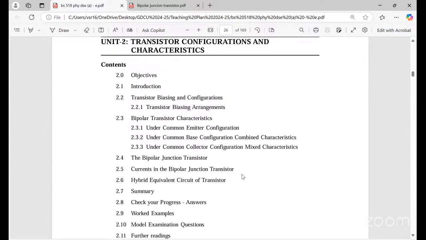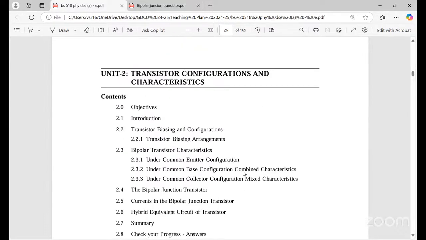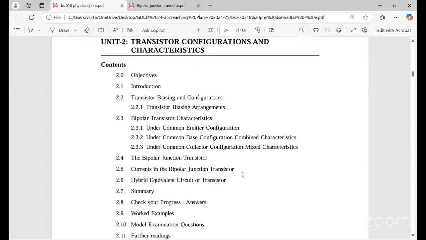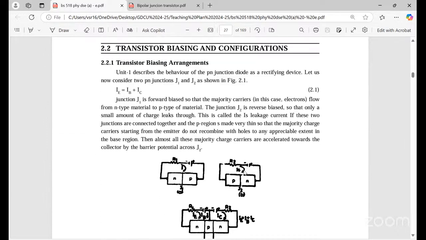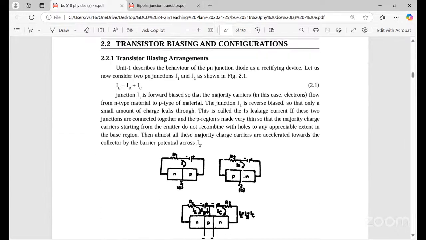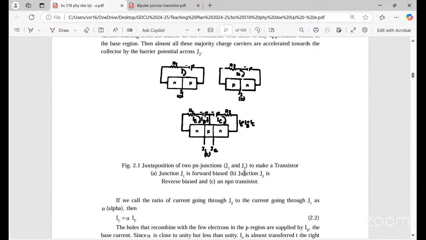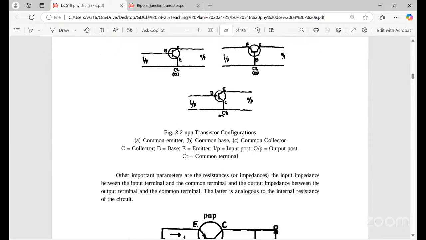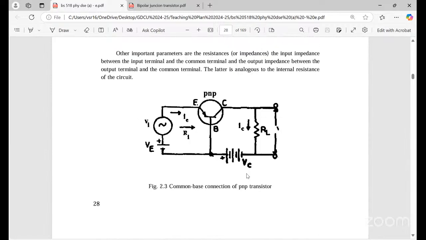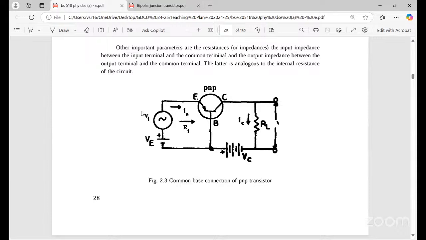So we have discussed all this: transistor configuration and characteristics, biasing, what is NPN, what is PNP. Just now, through these slides, we have discussed the common configuration. Here you can observe the signal and DC supply across the load.